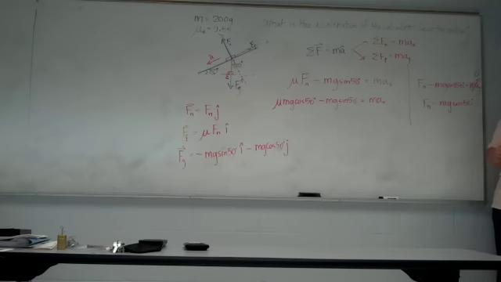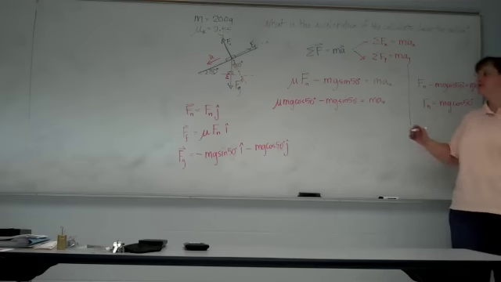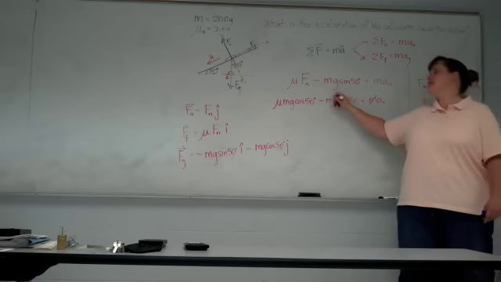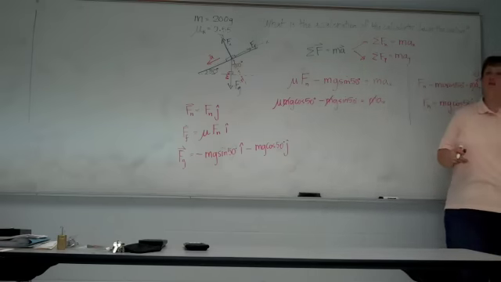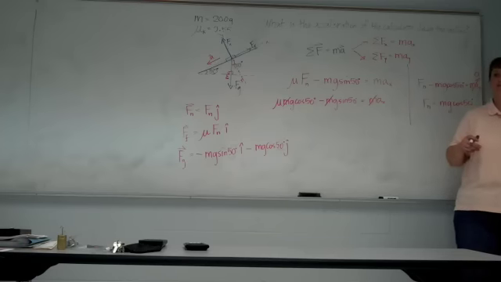Notice anything? What does every term have in common? Just m. That means mass doesn't matter. So I could have not even given you a mass and we could still solve this problem.